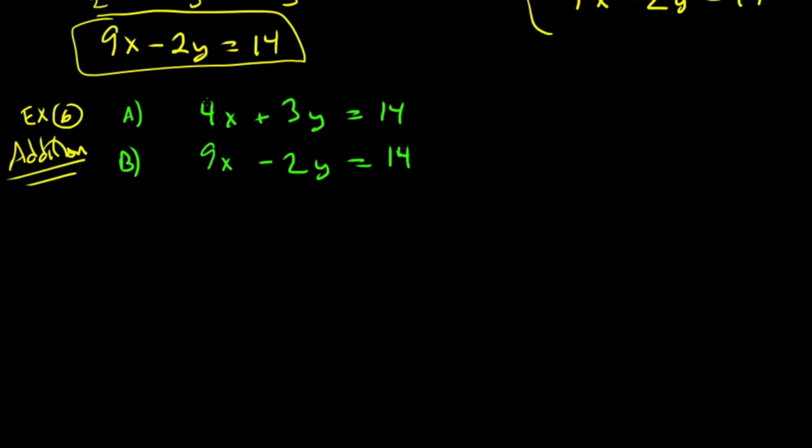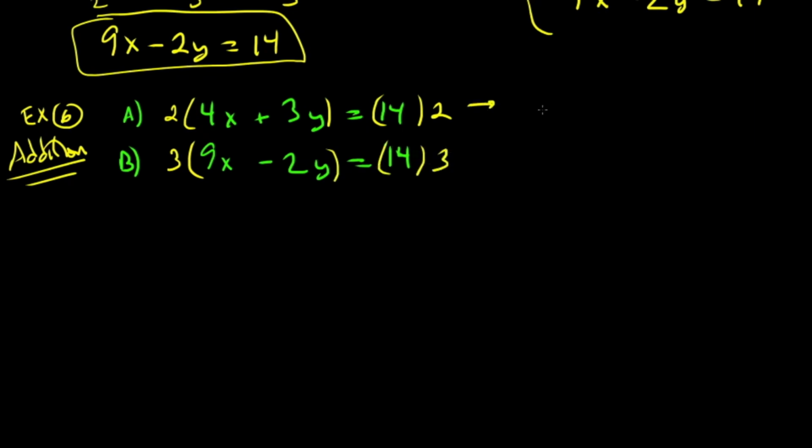If I want to eliminate x, I can multiply this by 9 and this by 4, or maybe negative 4. Or if I wanted to eliminate y, I can multiply the first equation by 2, and that becomes 6y. And then the second equation will be a negative 6y if I multiply by 3.